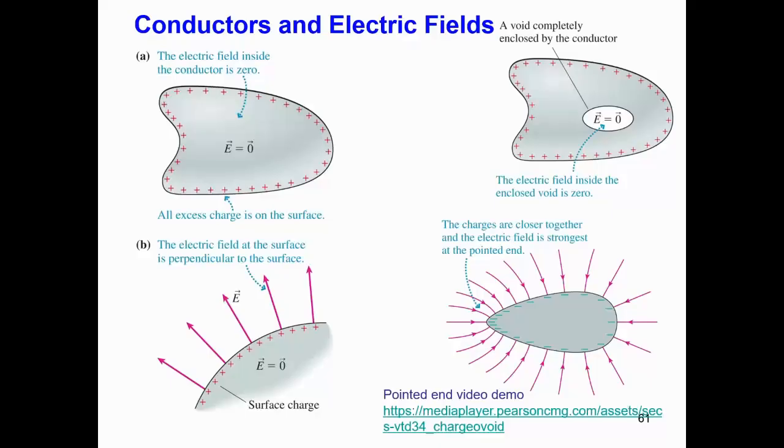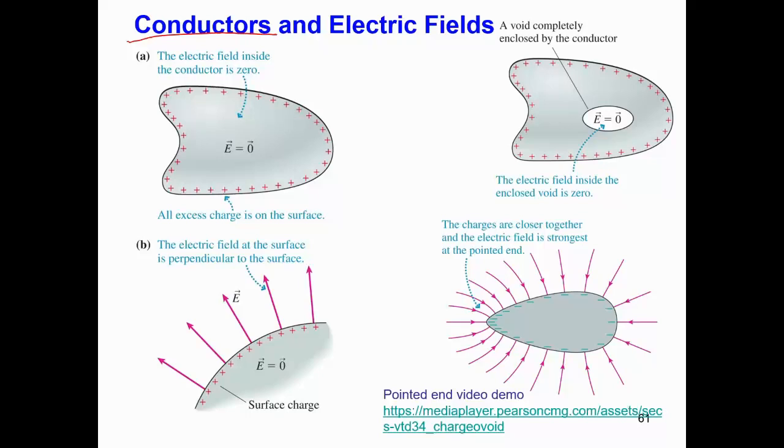And here are a couple more examples. The electric field inside a conductor is always 0. When we're talking about conductors, metals, it has to be 0 because conductors allow the charges to flow.